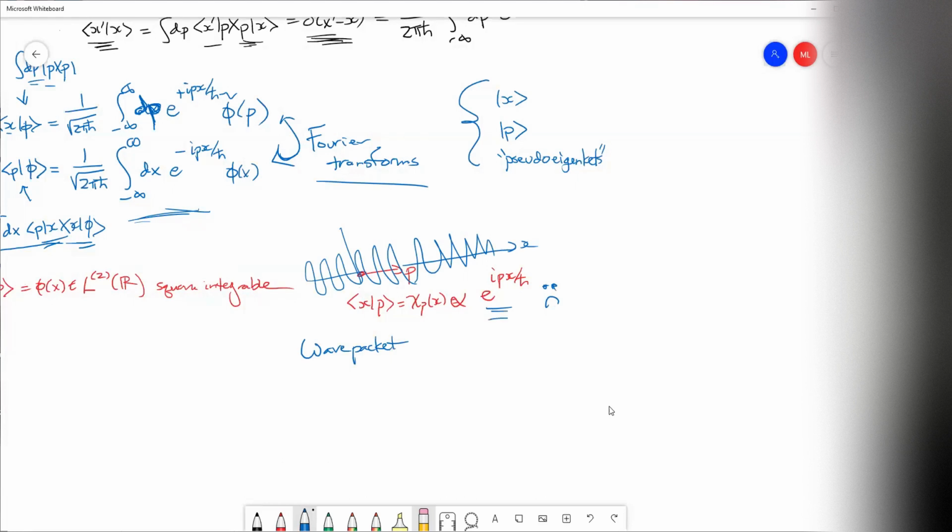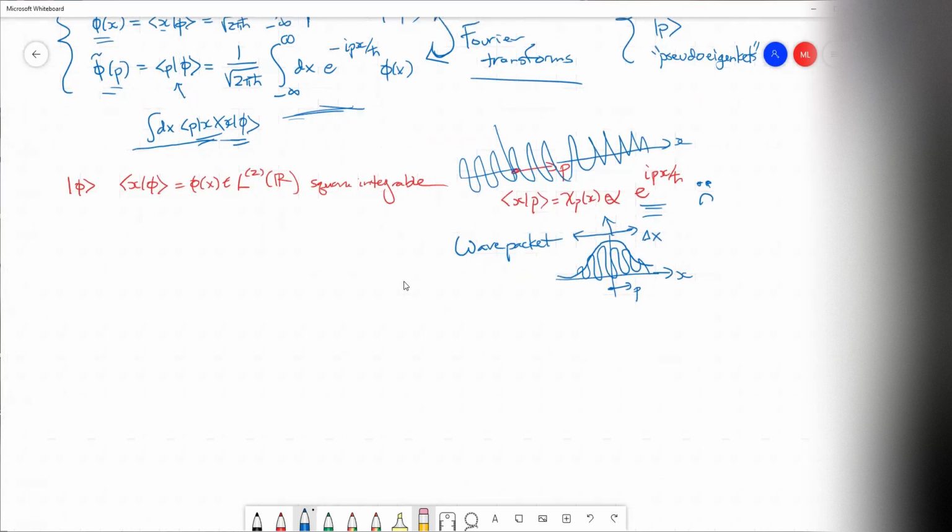You take something like this and you just confine it to some region, say in X. And so you can have these crazy oscillations, and the oscillations are what tell you about the momentum of a particle, but you can still confine it in some localized region in space with an associated uncertainty delta X. And we even know what those uncertainties are.